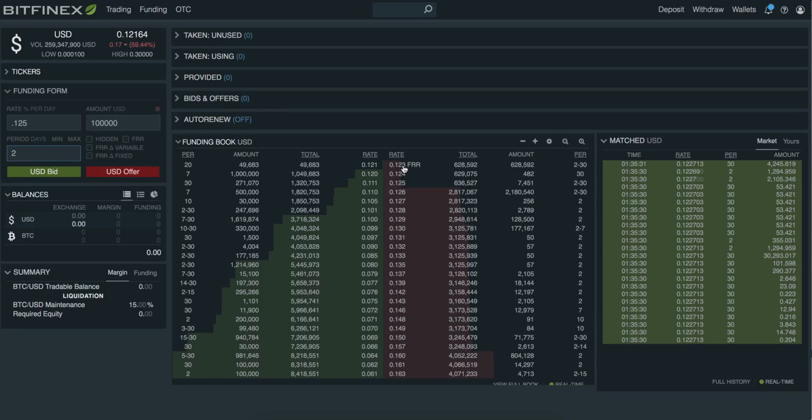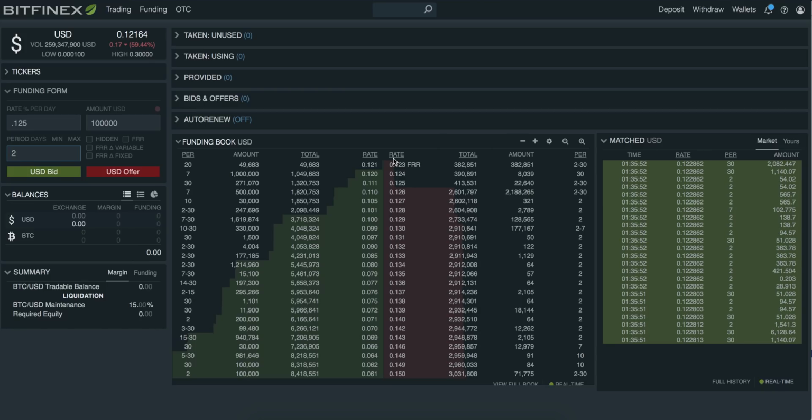If you get good enough at it, there are little ways you can work with this and make yourself some extra cash. I'm obviously not trying to push you over to Bitfinex or anything, but if you already have an account and you're going away for the weekend, why not lend out your money? It's basically free money.